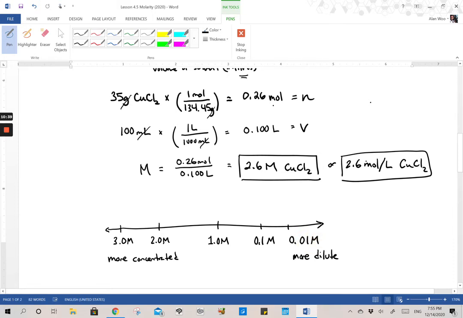That makes more sense. So when you get to these decimal values, the substance that you have is more dilute. When you go away from 1 molar, it's more concentrated. So 1.0 molarity is kind of our standard.